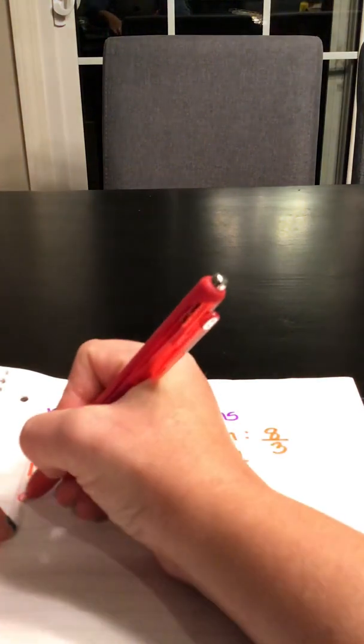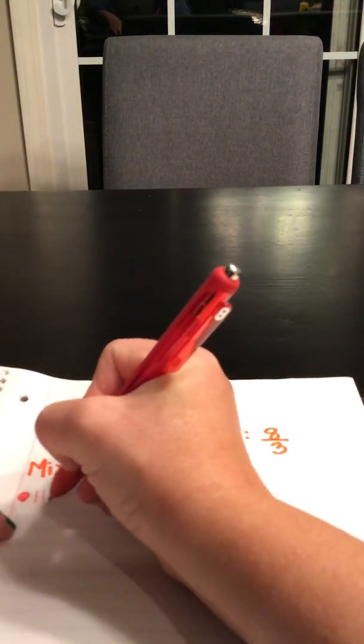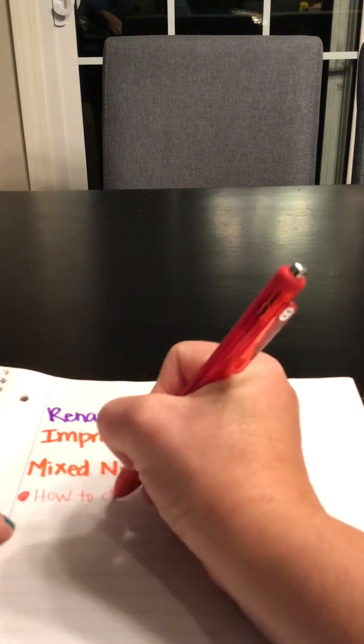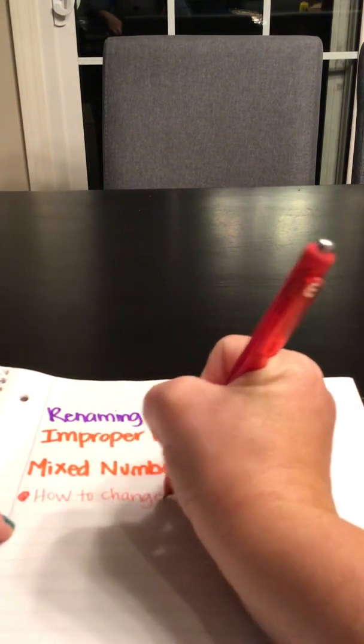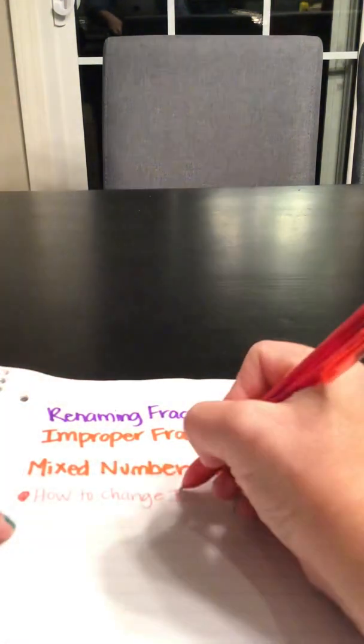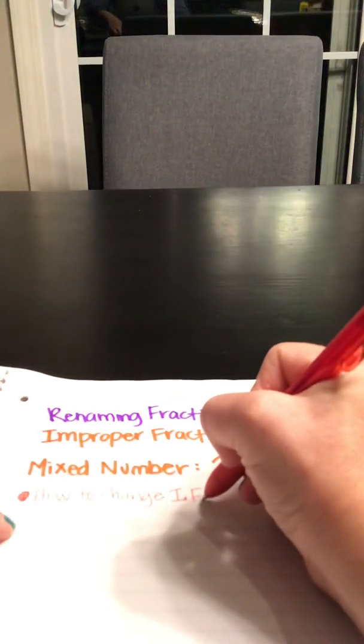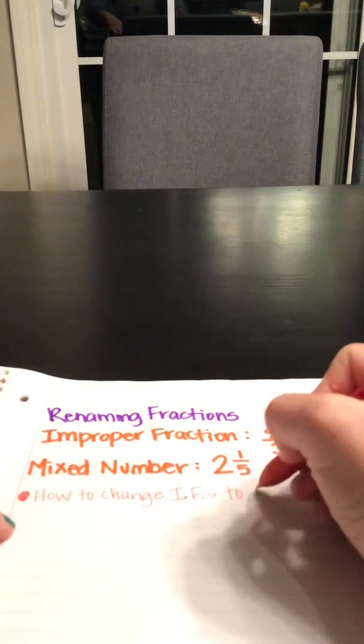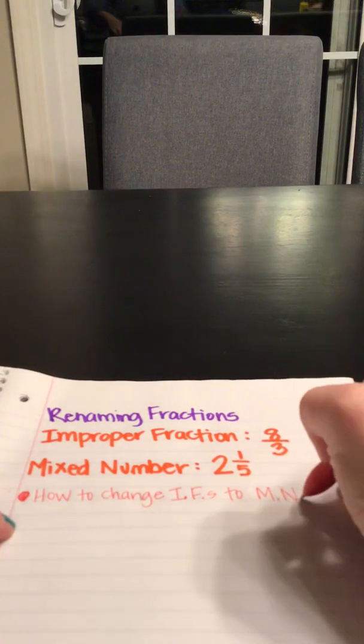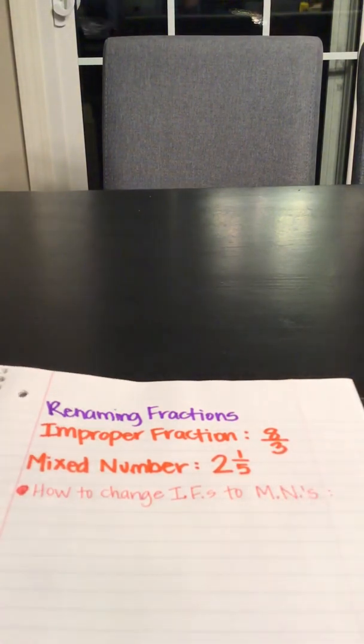Let's see here. How to change improper fractions to mixed numbers. How do we do that?